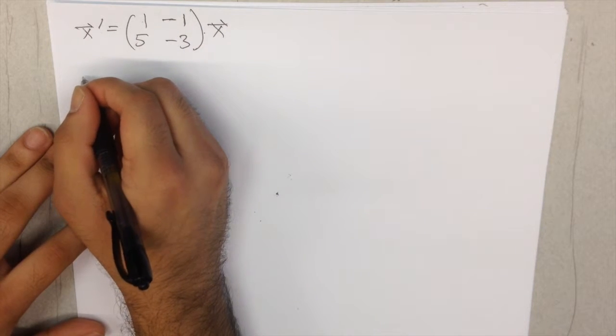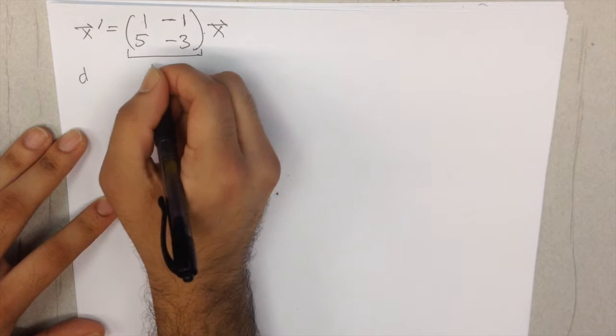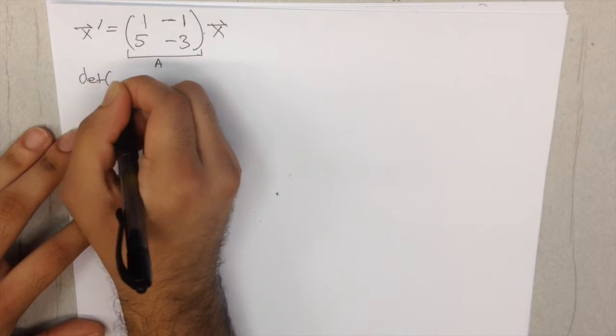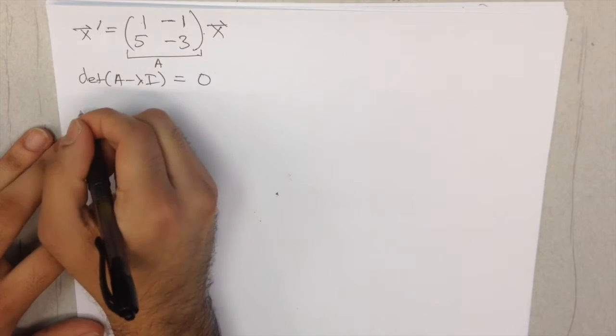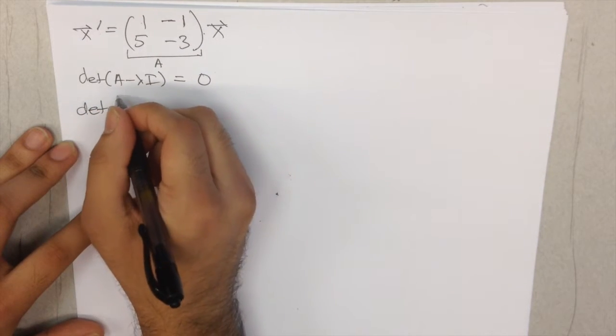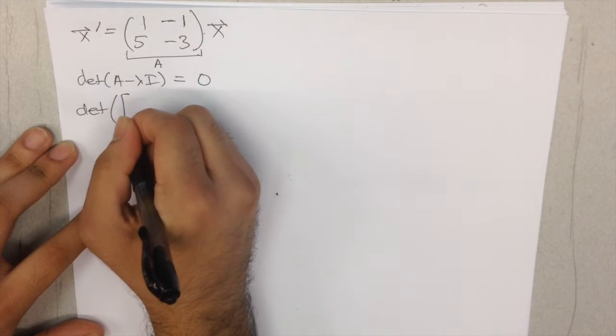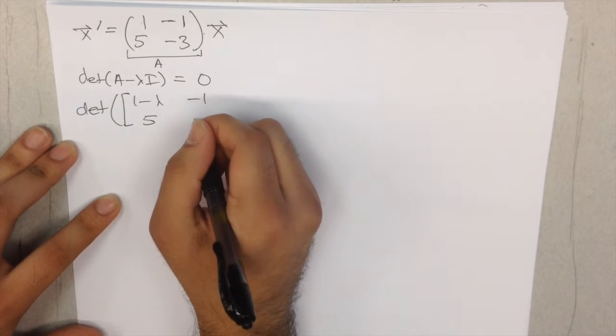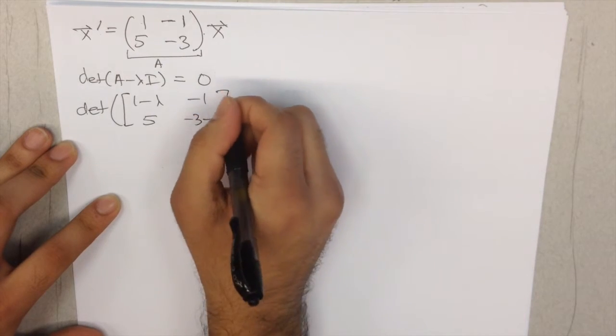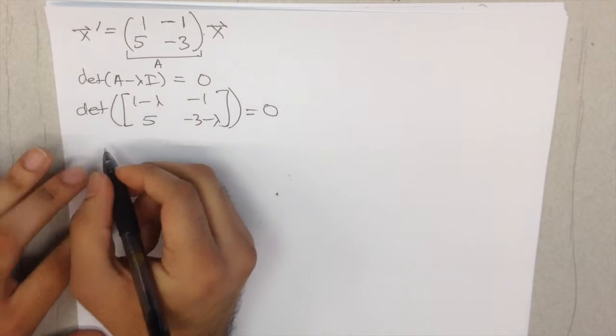So this is A. We do the determinant of A minus lambda I equal to 0, right? So the determinant of [1 - lambda, -1; 5, -3 - lambda] is equal to 0.